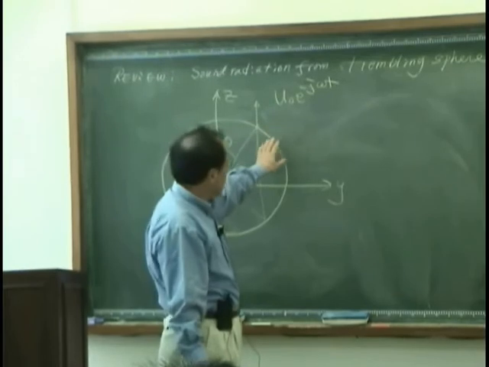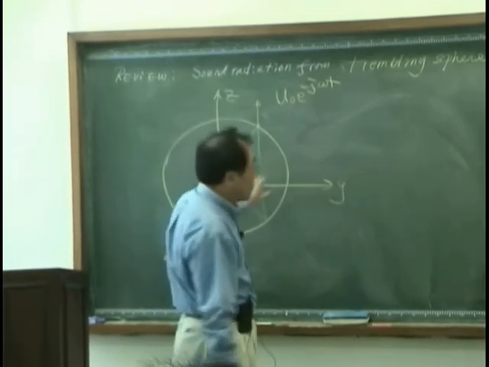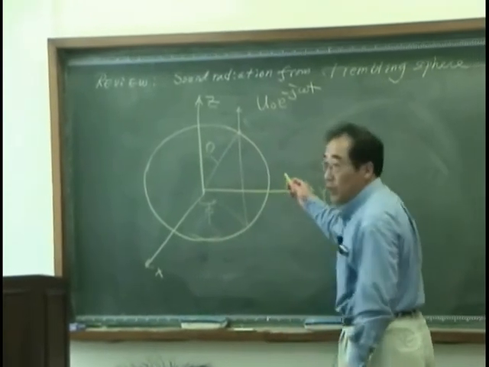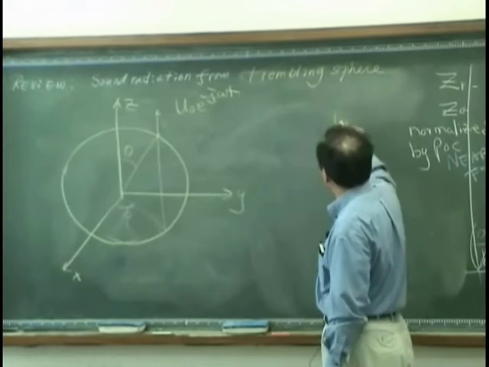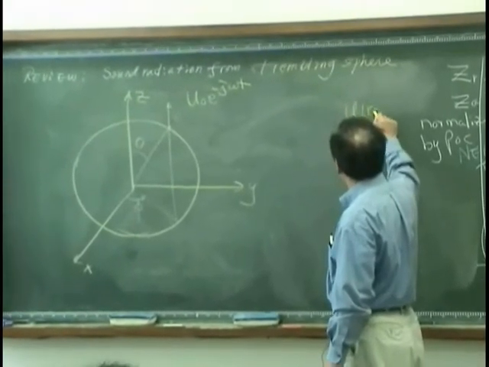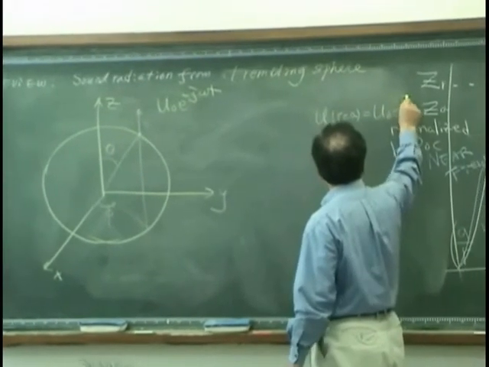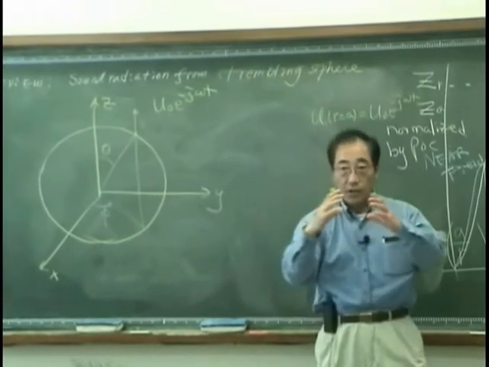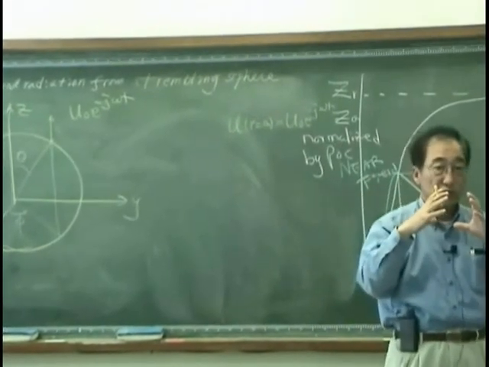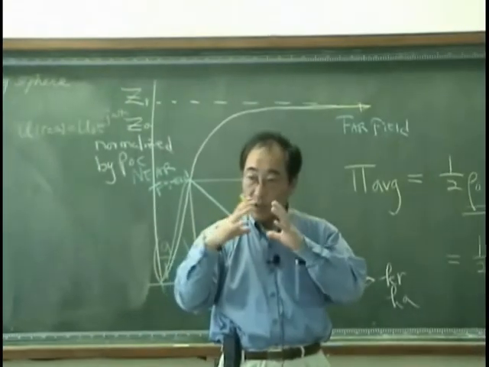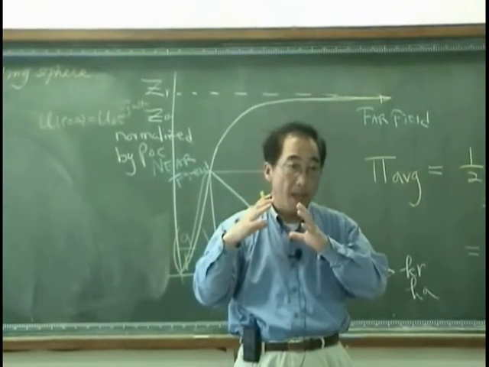What about the boundary condition of this sphere? The boundary condition for the breathing sphere was velocity at r equal a has to be u0 exponential minus j omega t, meaning that the breathing sphere is oscillating with the magnitude u0, oscillating in time exponential minus j omega t.